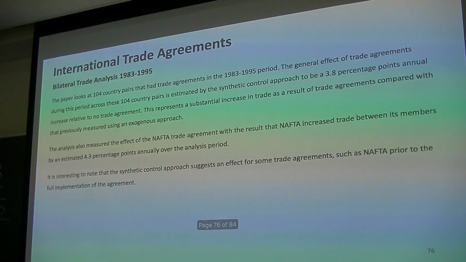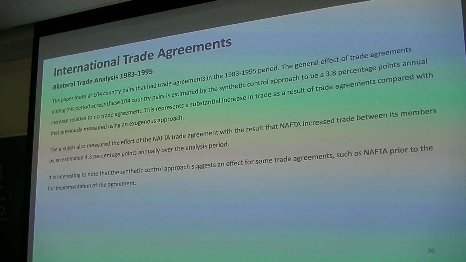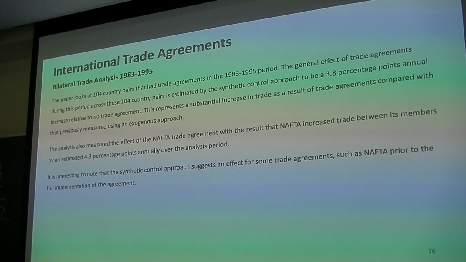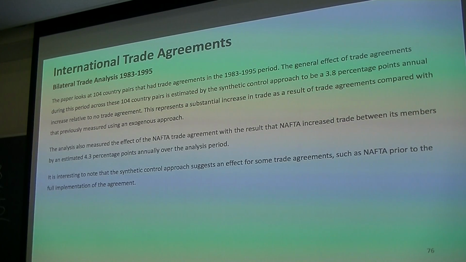Now, there's a paper, and I'll send this to you, because the importance here is that economists want to measure the real effect of trade, and to separate out the effect of the trade agreement.